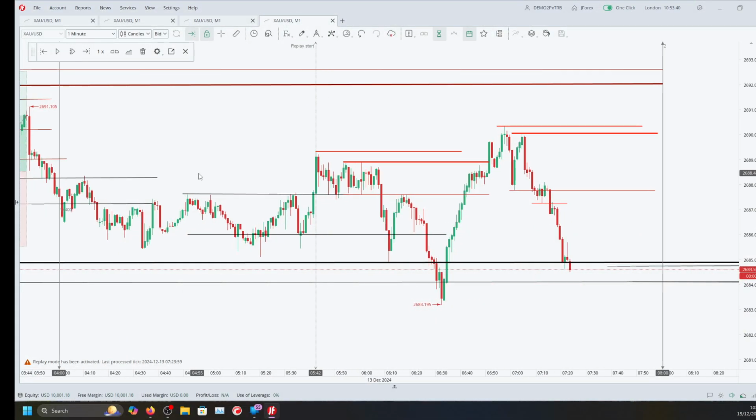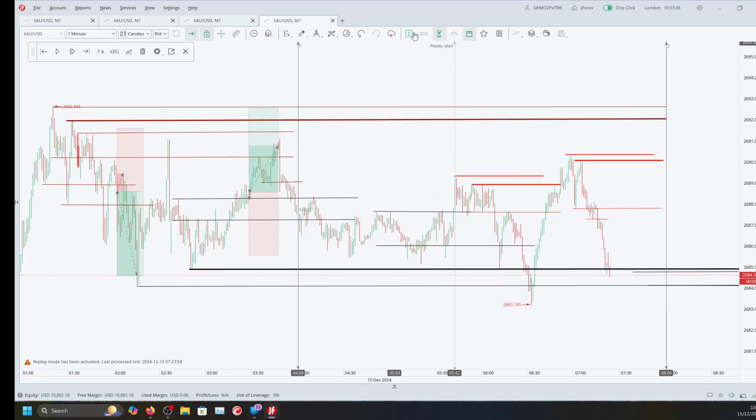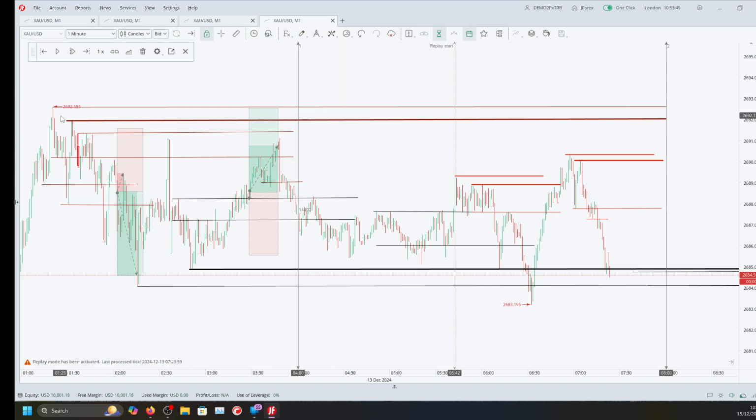But the conclusion I'm coming to is, if price is between two zones, a high and a low, and we're trading between zones, don't trade.